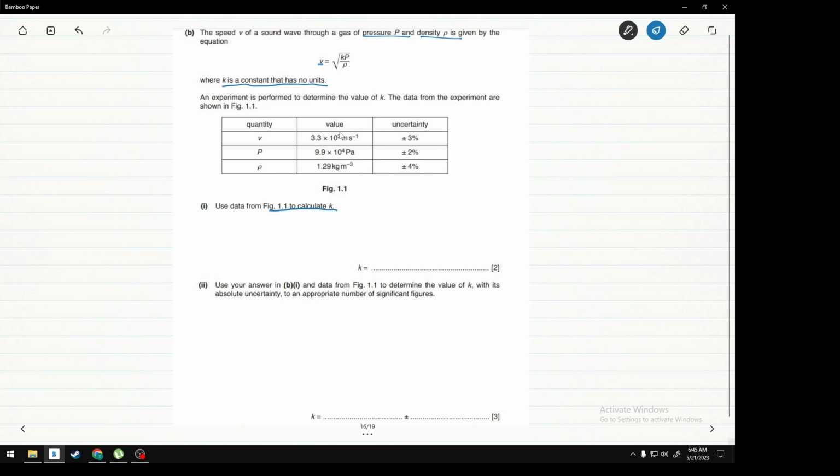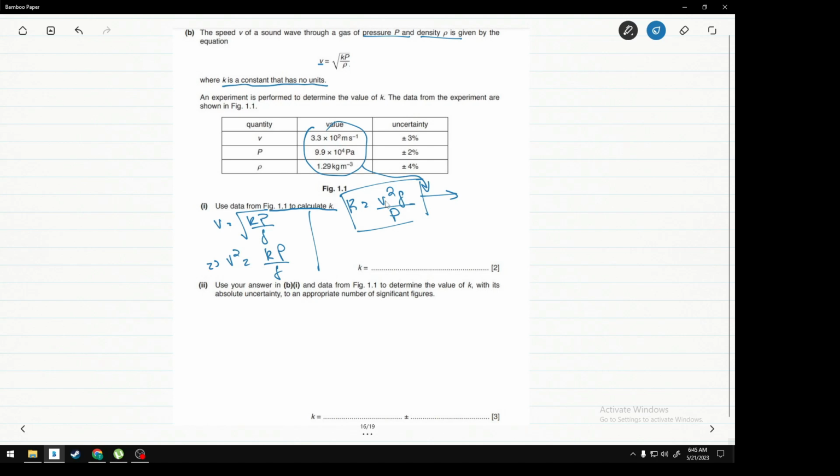So now to calculate K, we ignore the uncertainty and just plug in the values and calculate K. So first, what we need to do is put our equation in order, square both sides, which becomes K is equal to V square times rho divided by P, right? This is our equation. Just plug in all these values here.